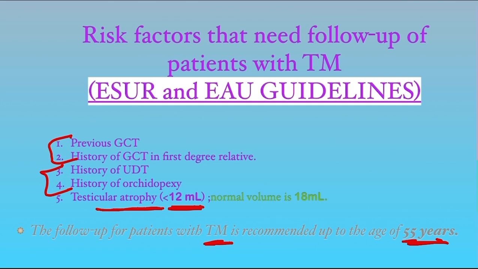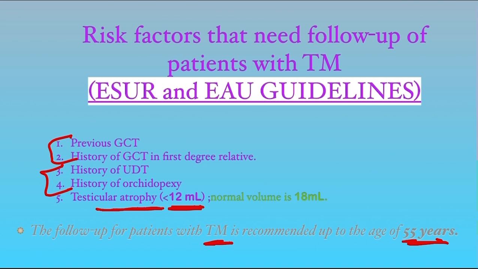So, whenever you are asked, is testicular microlithiasis linked to testicular cancer, the answer is maybe, because the patients are quite concerned now. So some studies suggest that there's a connection, especially if you already have another risk factors like a family history or previous testicular cryptorchidism, orchidopexy, or atrophy of testis.